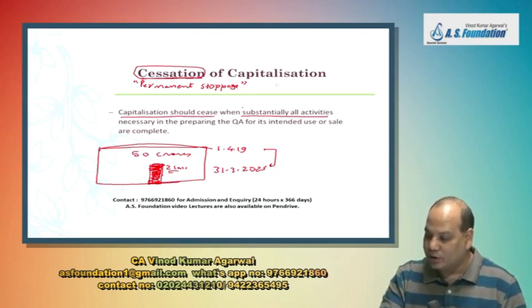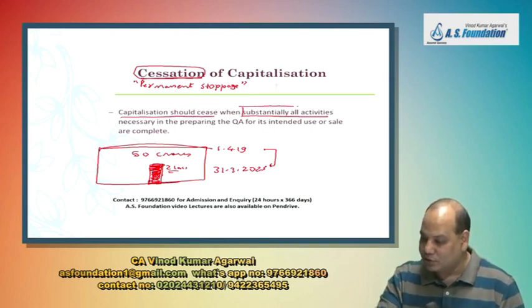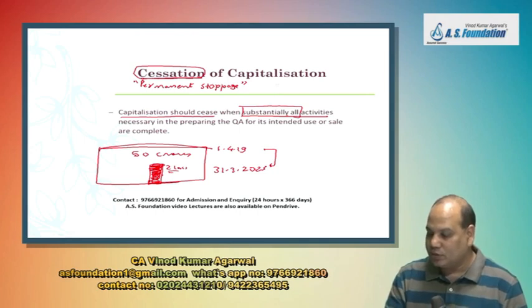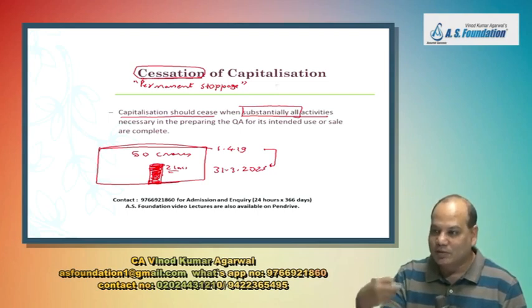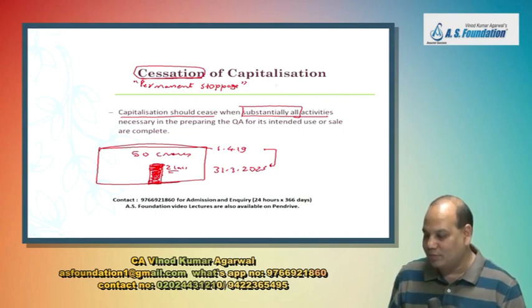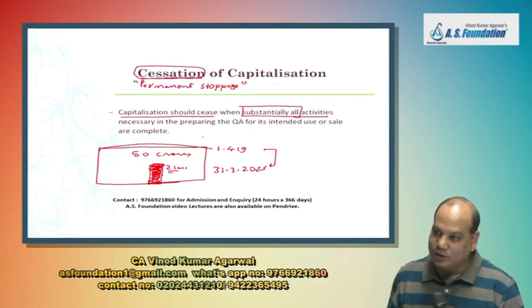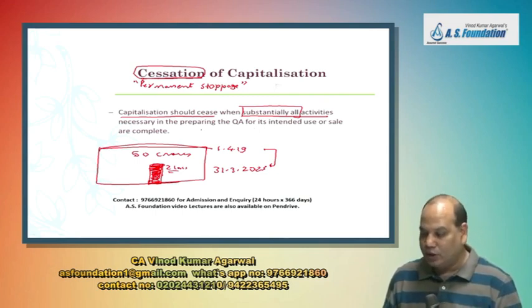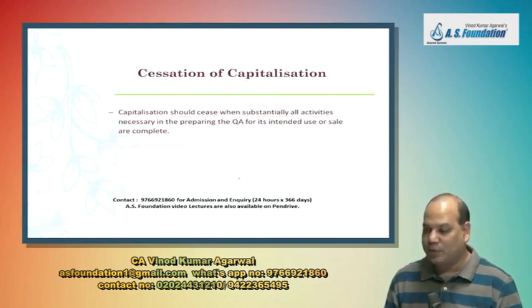They are also careful in using the terminology substantially all. Otherwise, some company may say that the work is not yet complete, something is pending, and we will continue to capitalize the borrowing cost till this is also ready. In preparing the qualifying asset for its intended use or sale are complete. Okay, like a building is constructed and then the outer wall is not painted.